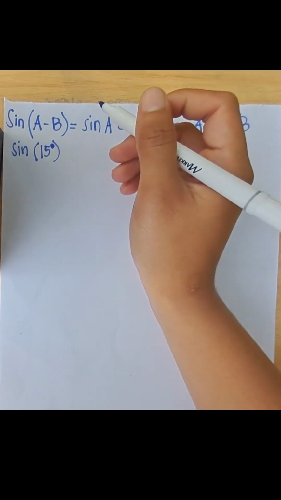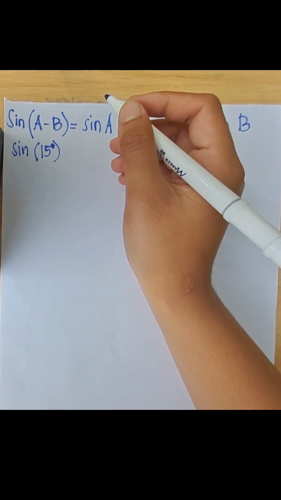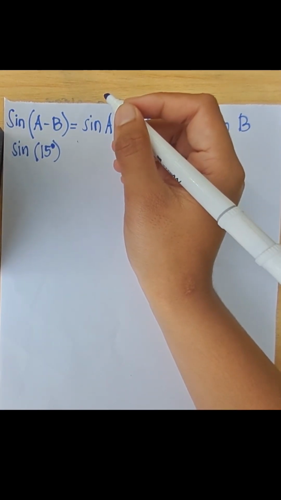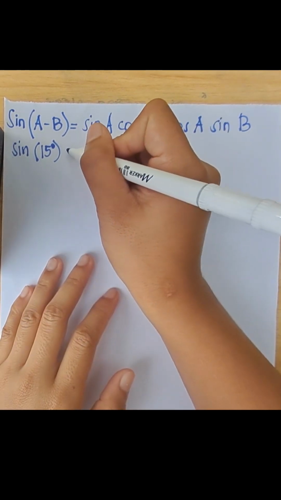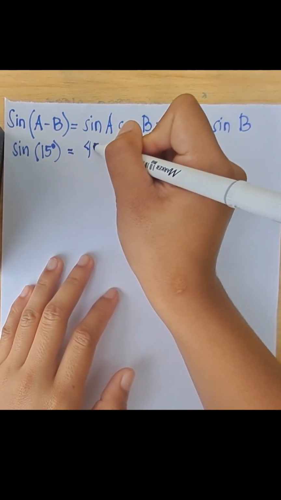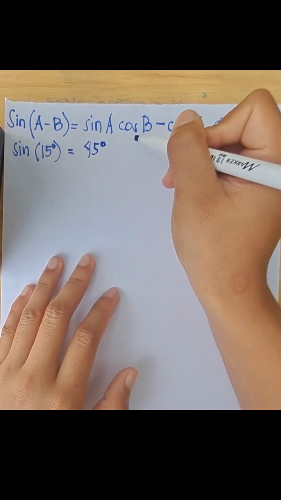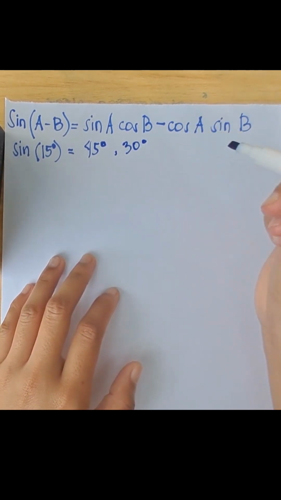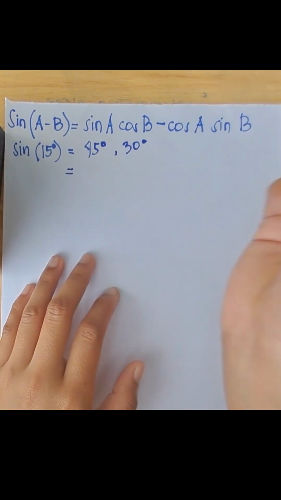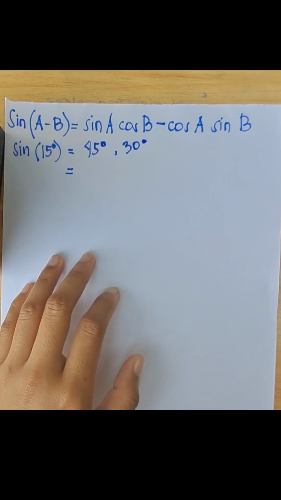So the first step is to know common angles whose difference is 15 degrees, and the most common angles are 45 degrees and 30 degrees. The second step is to substitute.